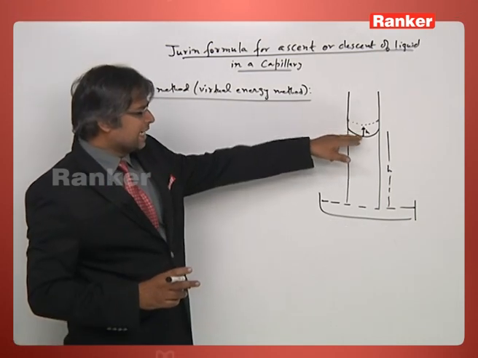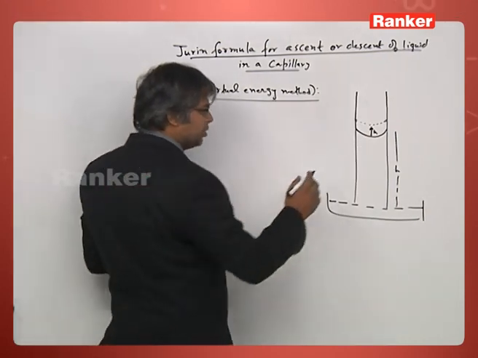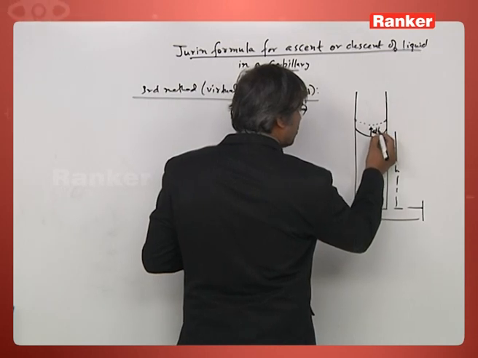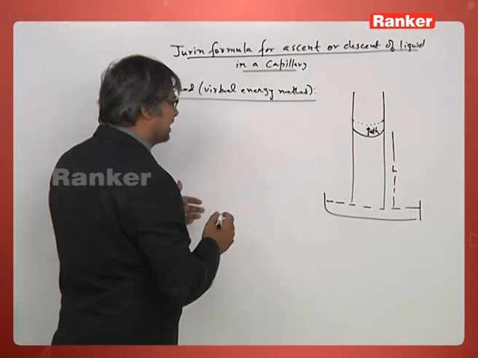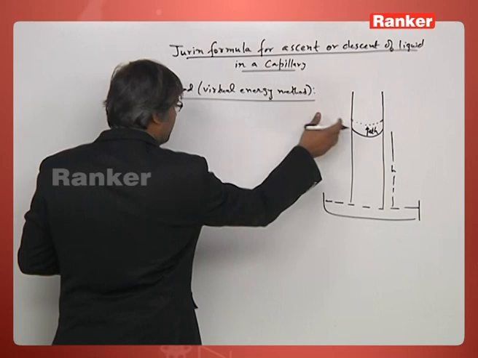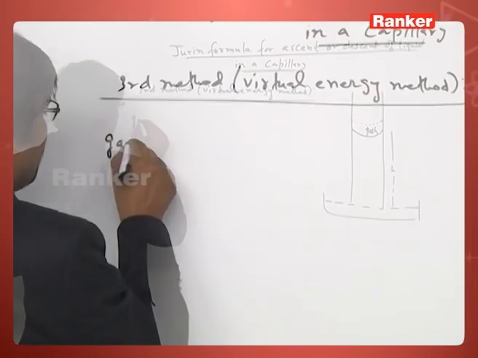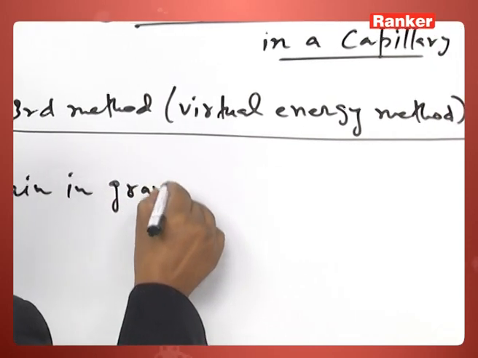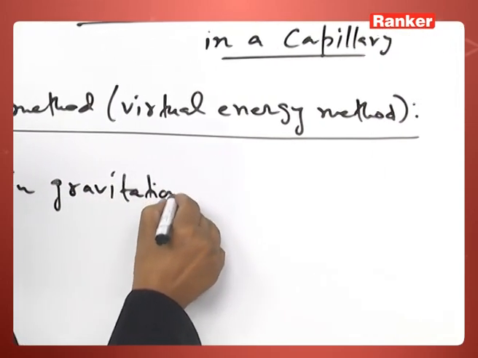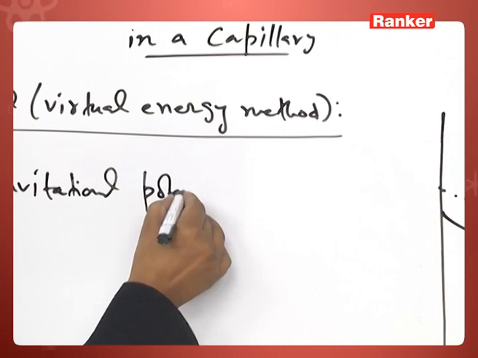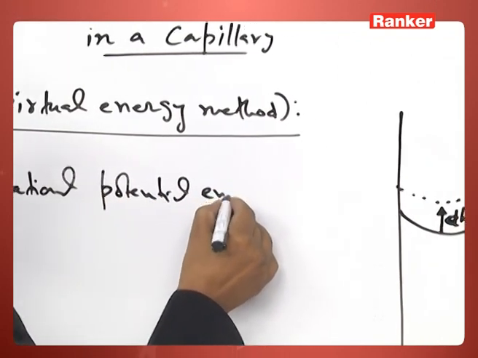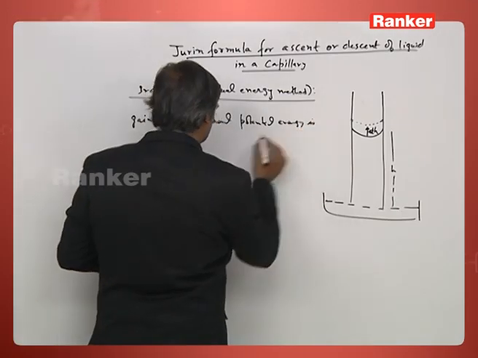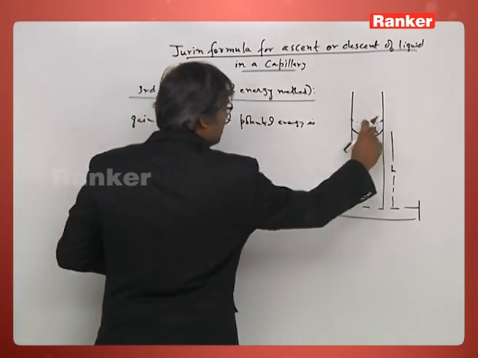With an infinitesimal change in h by a small quantity dh, there is a gain in kinetic energy, a gain in the potential energy. So, point number 1, gain in gravitational potential energy is equal to, what is the mass?